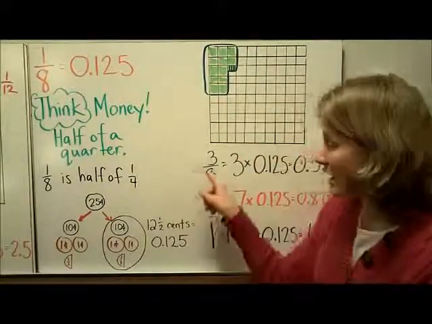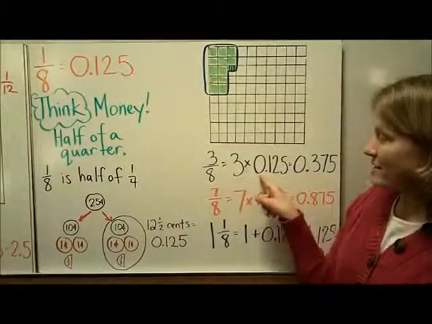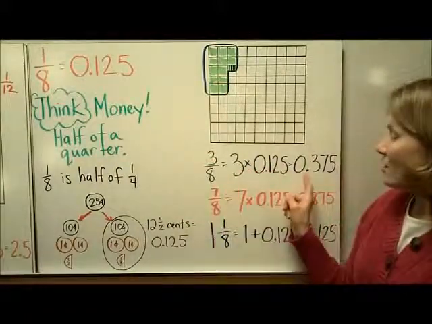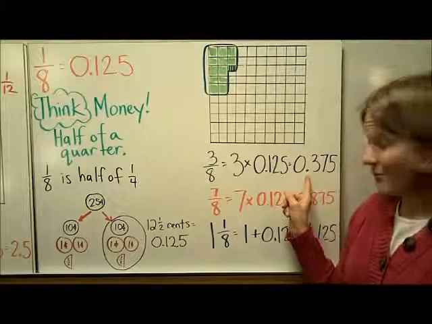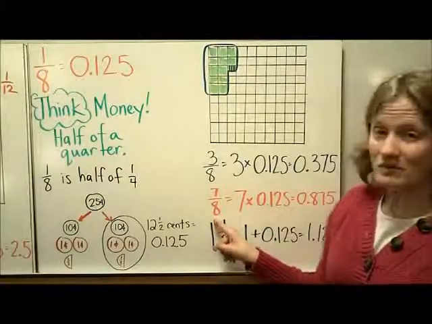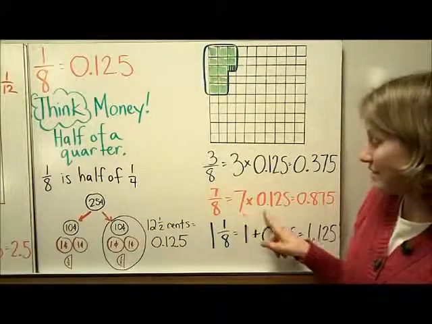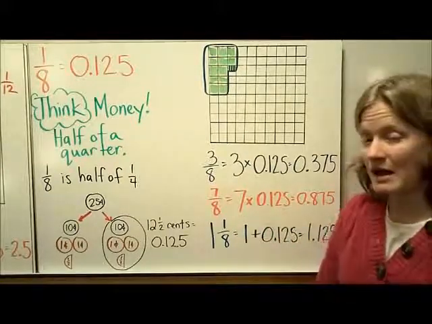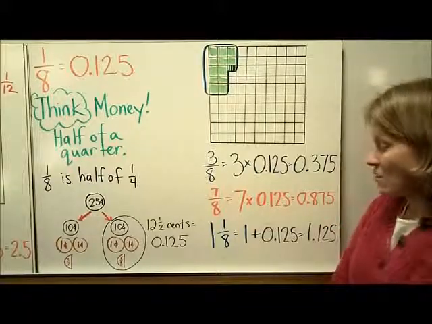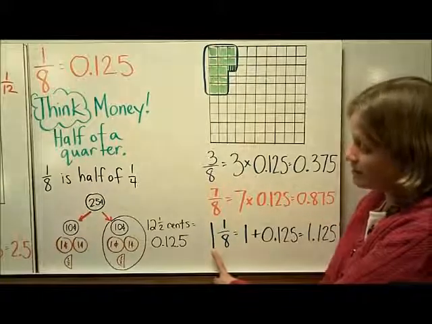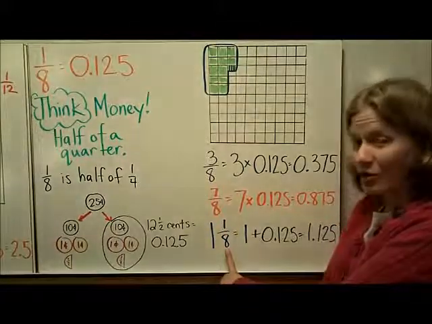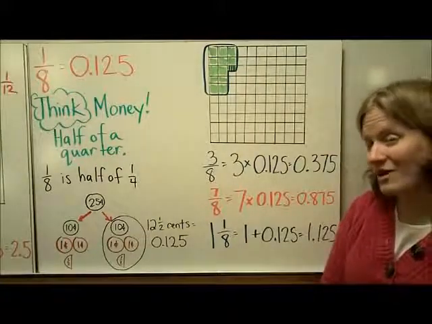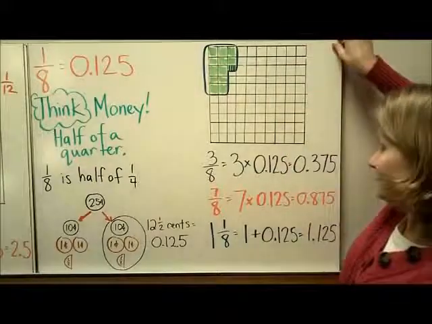So if we think about 3/8, we would do 3 times the amount for 1/8 and get 0 and 375 thousandths. For 7/8, we would do the same thing, multiply 7 times the amount for 1/8, and we would get 0 and 875 thousandths. 1 1/8 would be like $1 and 1/2 quarter, which would be 1 and 125 thousandths.